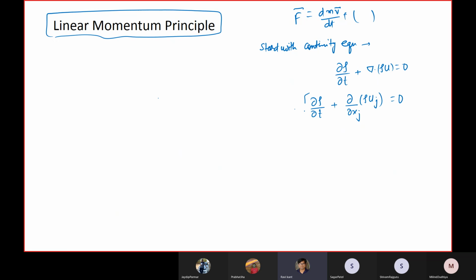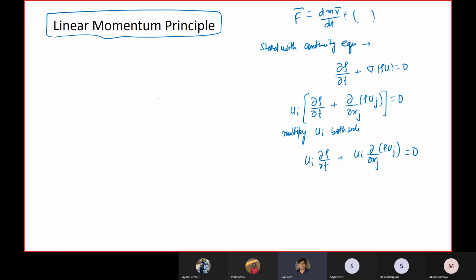Now I will multiply ui on both sides. So my equation will be ui dou rho by dou t plus ui dou by dou xj of rho times uj must be equal to 0.